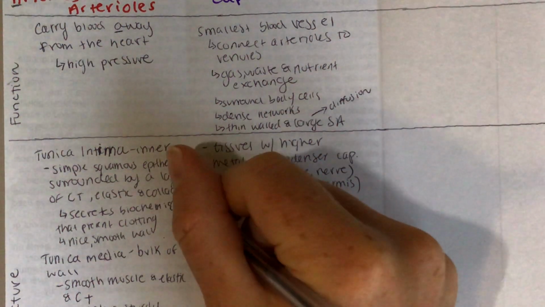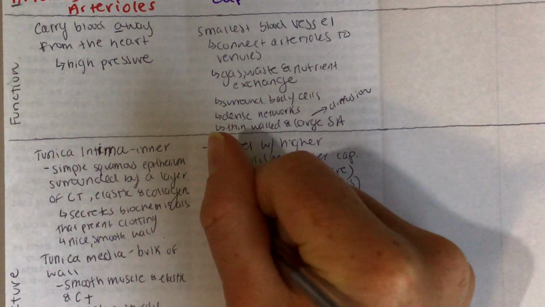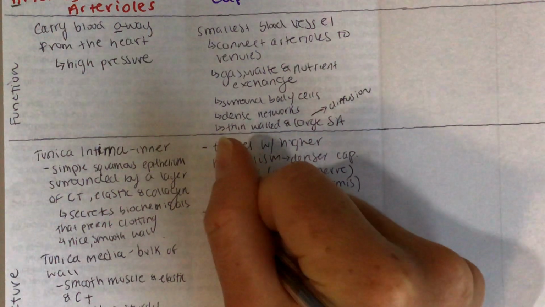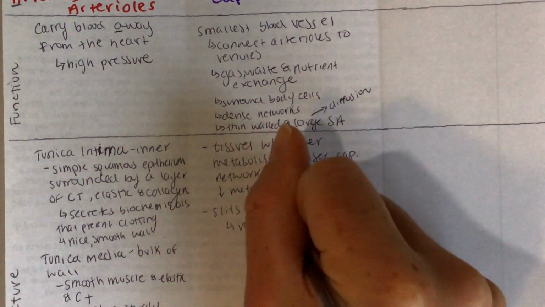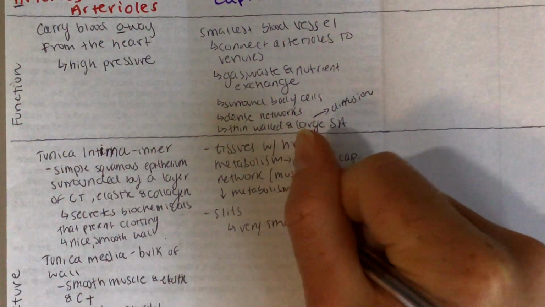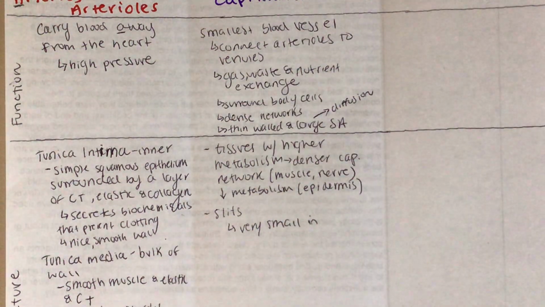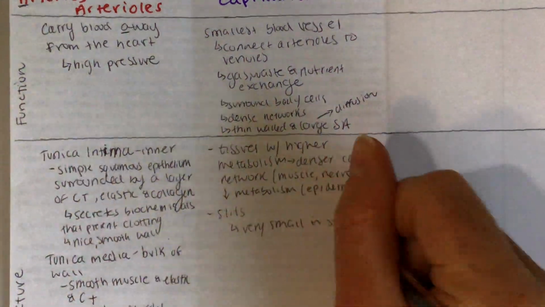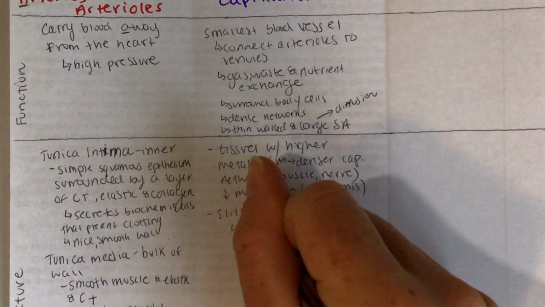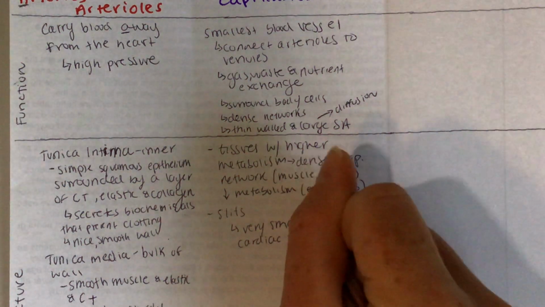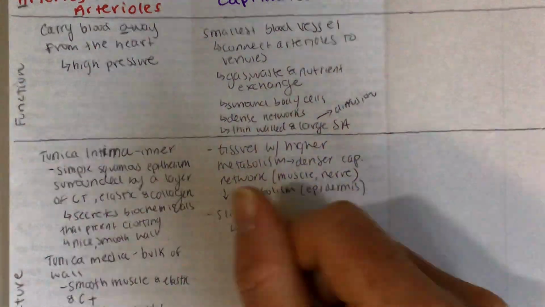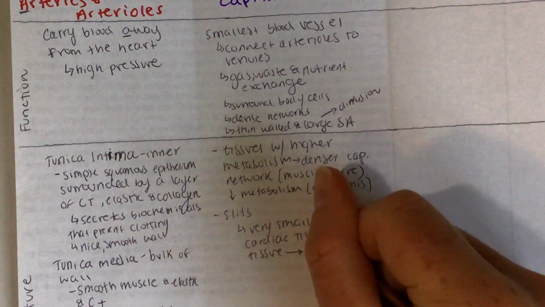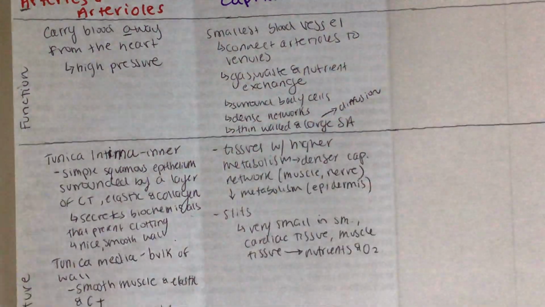Also, another structural piece is they're going to have slits in their walls in between cells. So these are going to be really small in areas where they're delivering oxygen to tissues like smooth tissue, cardiac tissue, muscle tissue, because what they're doing there is they're delivering nutrients and oxygen.